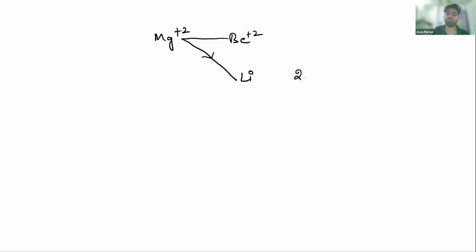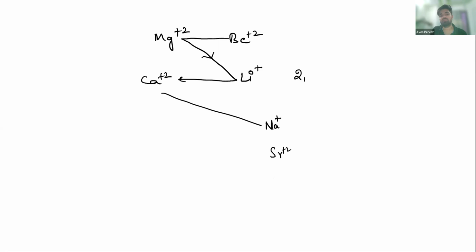Lithium 1 positive, then calcium 2 positive, then sodium 1 positive, then strontium 2 positive, beryllium 2 positive, and then we have potassium, rubidium, and cesium.